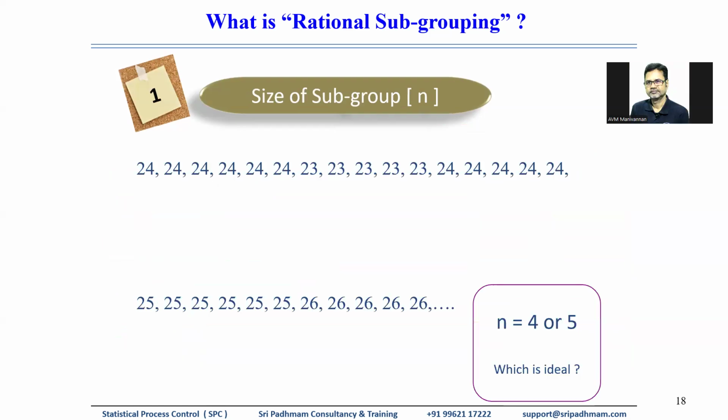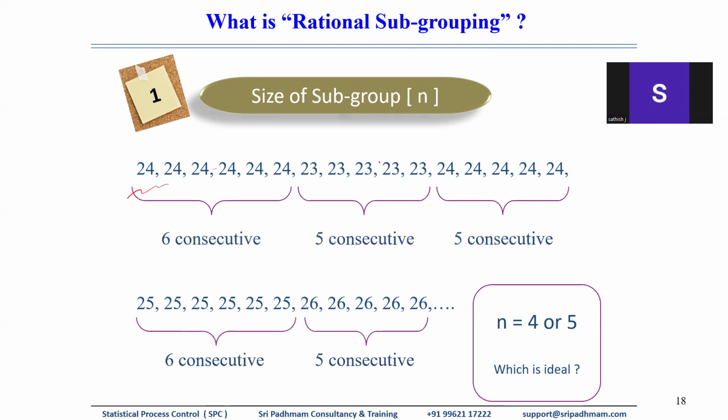Good. Please see here. You are getting consistent results like this: 24, 24, 24, 24. You study the process and select whether your n should be 2, or n can be 3 to 6, or n can even be 7 to 15.